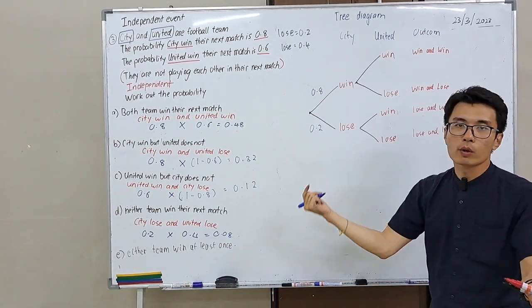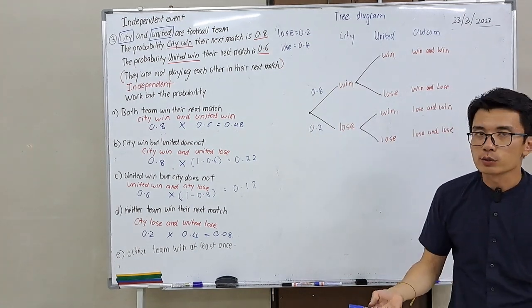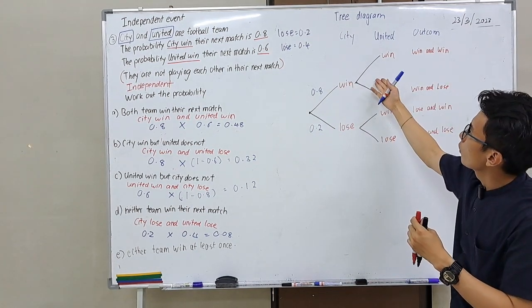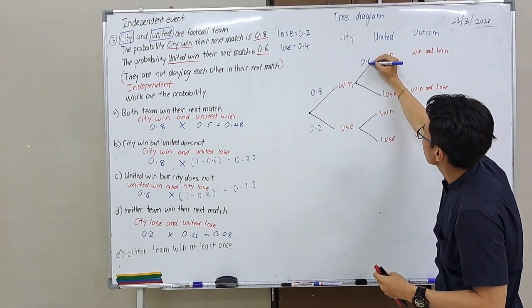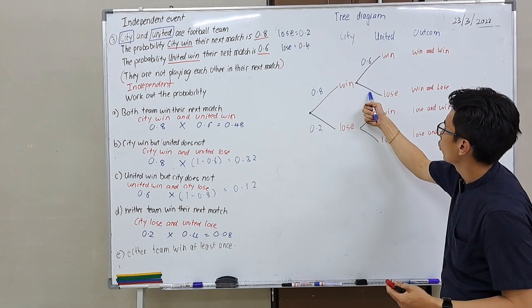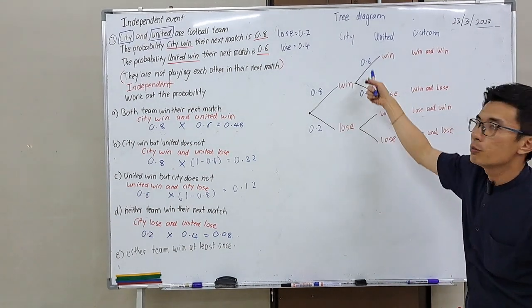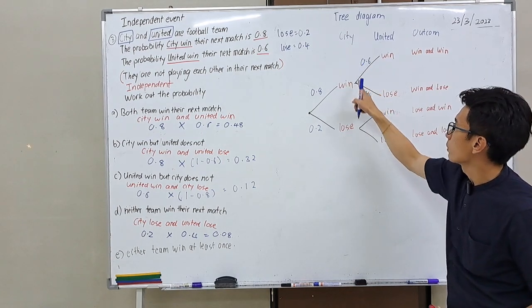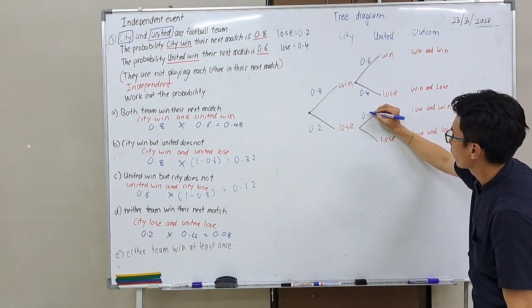This plus this is 1. The events over here are mutually exclusive. Same thing over here: United win, based on the information, is 0.6, so automatically I know over here it's going to be 0.4. Again, they are mutually exclusive, 0.6 plus 0.4 is 1. So this will be the same as well.